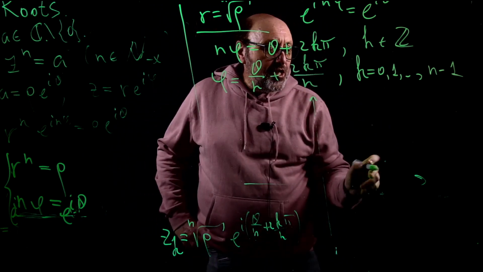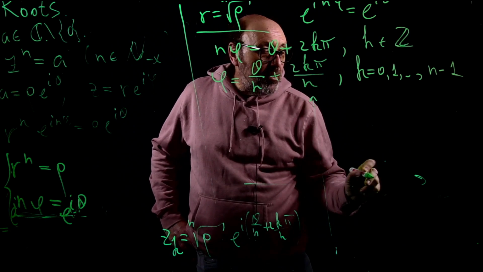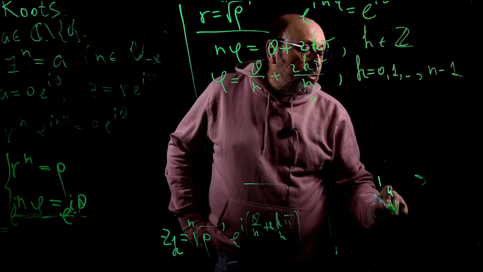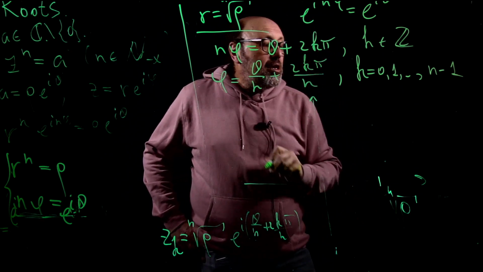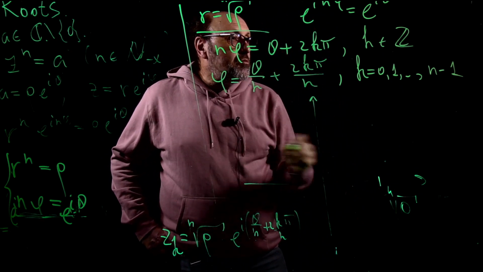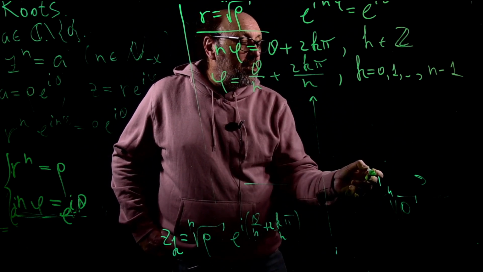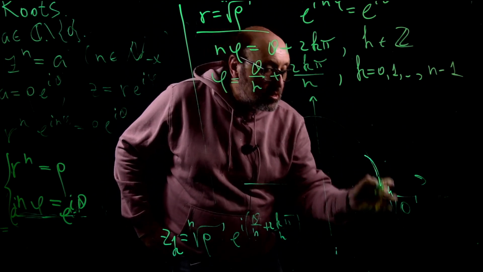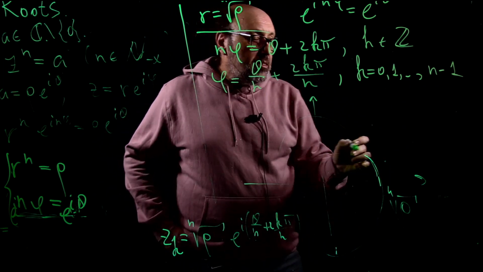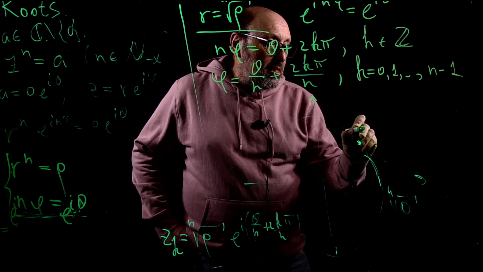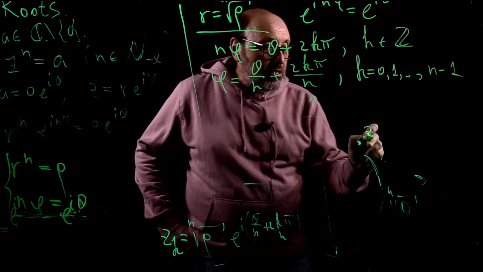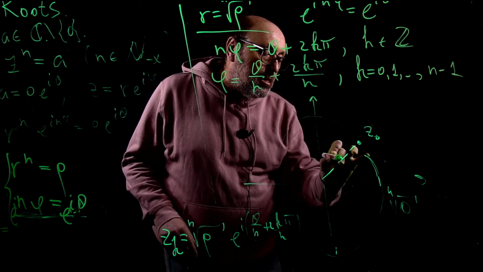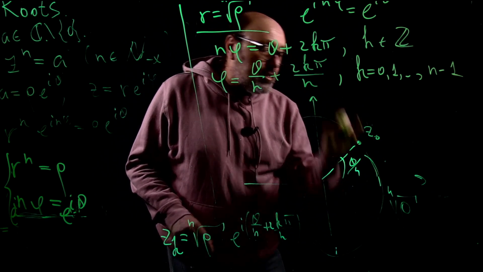And where geometrically are these points located? The modulus is the same, so we are on the circle of radius the root of degree n of rho. So everything is located on this circle. And then, let it be here, will be our point z 0. This means that k is equal to 0. So this angle is theta over n.